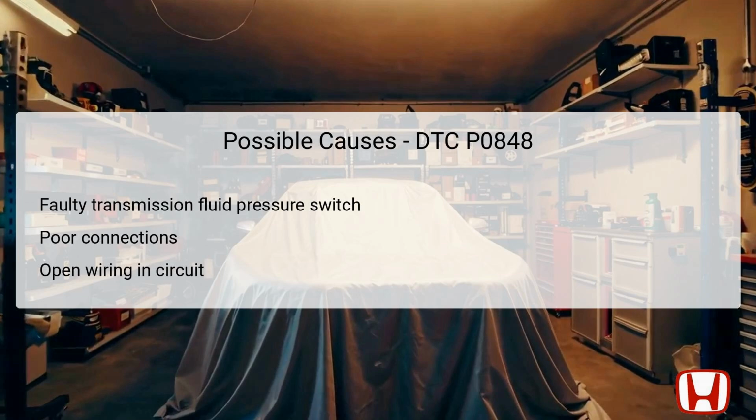Additionally, an open circuit in the wiring between the switch and the PCM can create a high circuit signal error. Diagnosing these potential causes in a systematic manner will guide technicians in identifying the precise issue, enabling more effective repairs. Each of these causes directly affects the performance of the transmission, thereby impacting vehicle drivability.